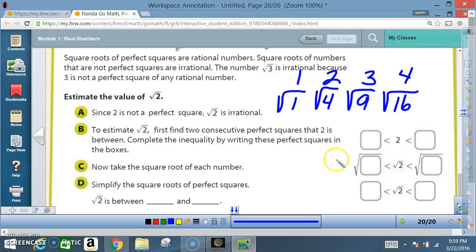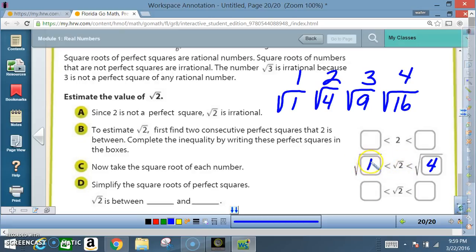And then you ask yourself, the square root of 2, where does it fit in amongst those square roots? Well, the square root of 2 will lie in between the square root of 1 and the square root of 4. And you can see the square root of 2 is in between those.